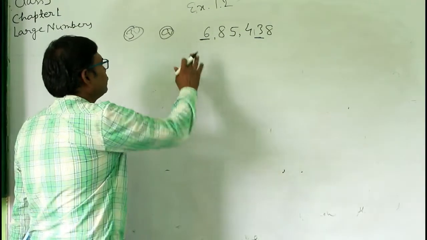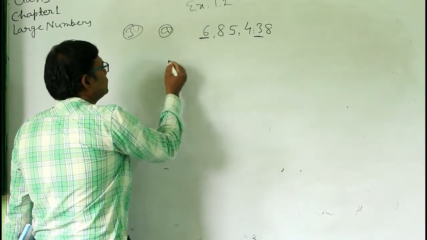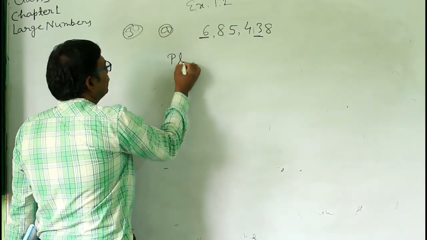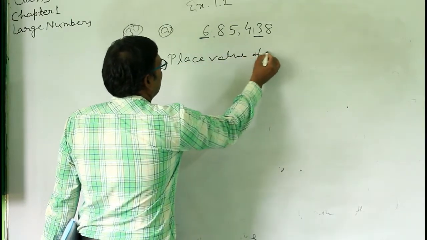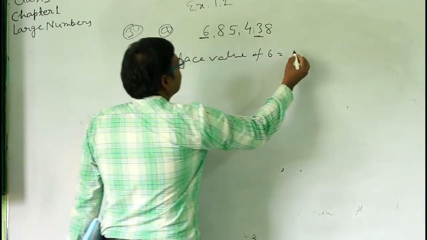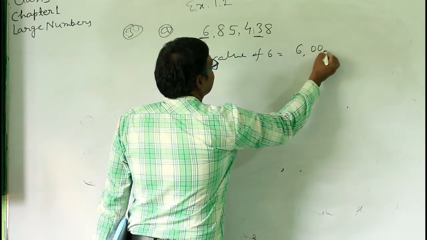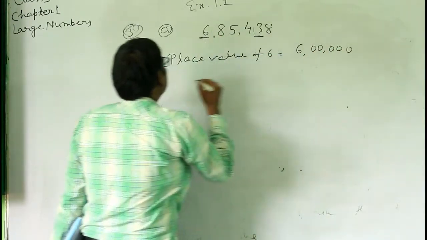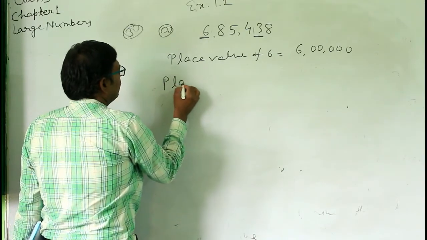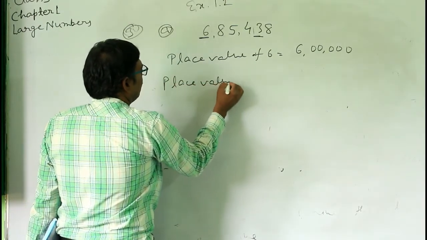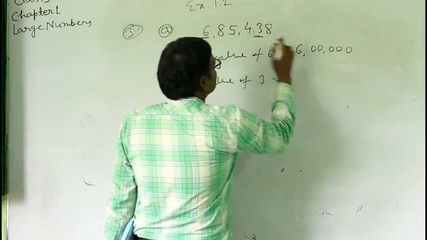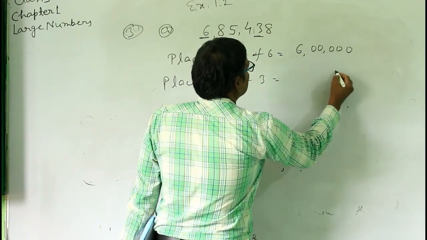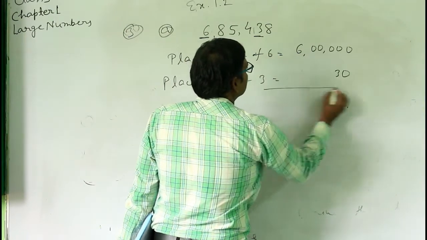That is, first we will find the place value of each. So the place value of 6 is equal to how much? It will be 6 lakh. Okay, and the place value of 3 is equal to, in this case, it will be 30. So right here, in this place, 30, and then add these two numbers.